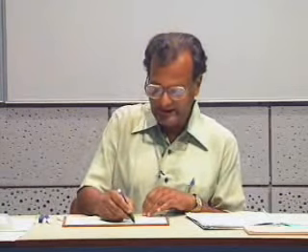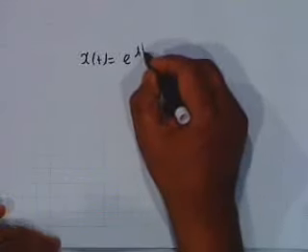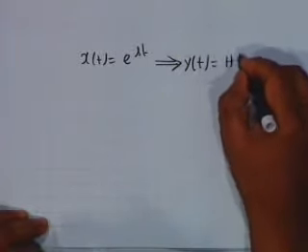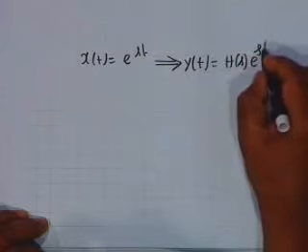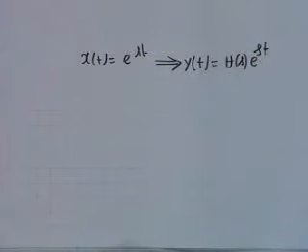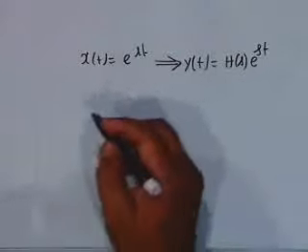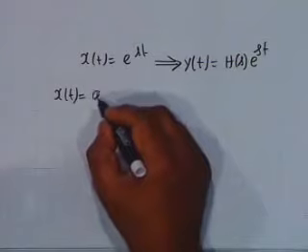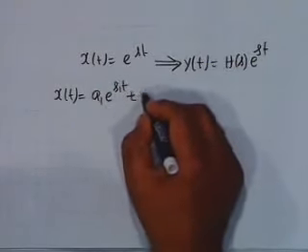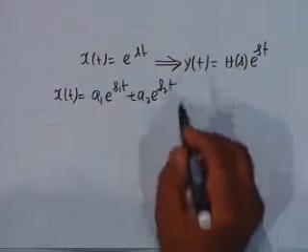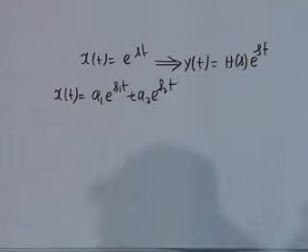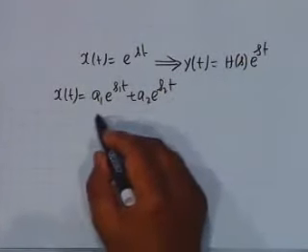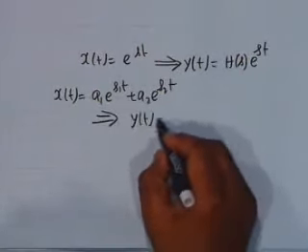Now I write this again. X of t equal to e to the st produces y of t equal to h of s e to the st. Now if the system is linear, then you see, if I take an input like a1 e to the s1t plus a2 e to the s2t, two such eigenfunctions combined linearly with weights a1 and a2, then the output should be y of t.